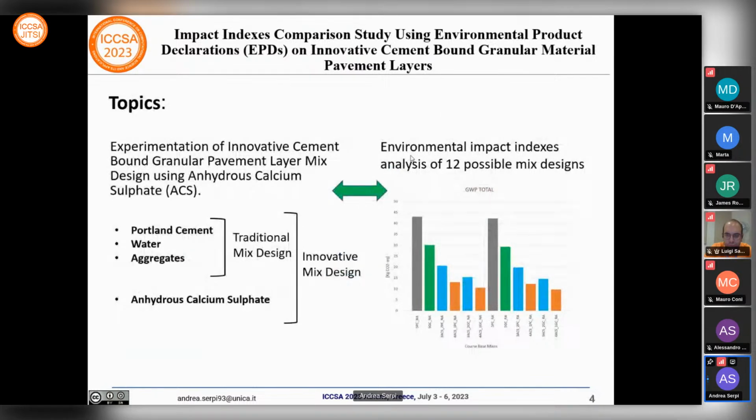So we have decided to study in parallel the mechanical, physical, and chemical behavior of this innovative cement background material and its environmental impact with the indexes analysis of 12 possible mix designs.